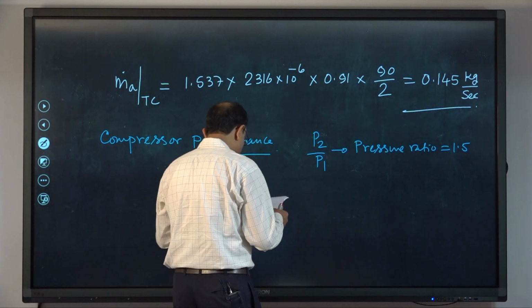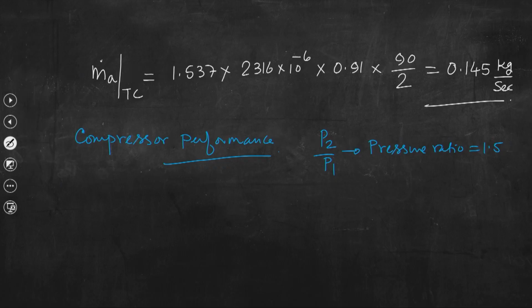So, P2 by P1 equals 1.5, and essentially this is the flow rate to be handled by the compressor. So, the mass flow rate of air is again 0.145 kg per second.